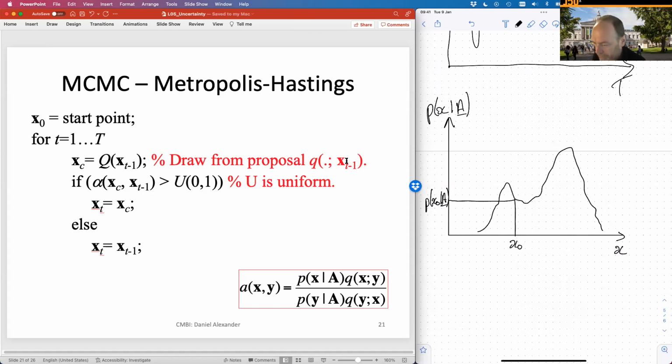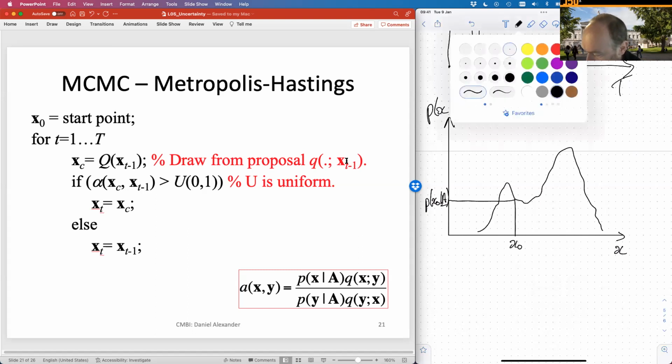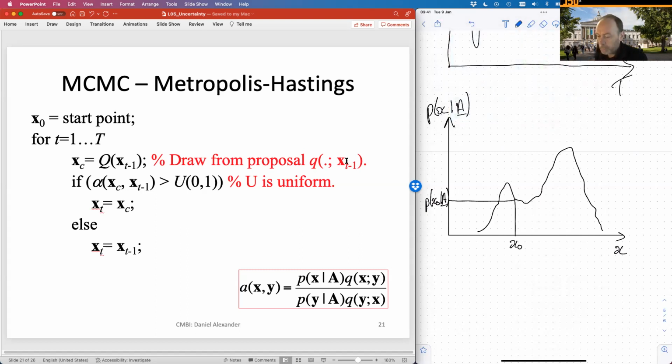But one common way of doing it is to make a small perturbation of the current position. So we might, for example, choose the next candidate position from a small Gaussian distribution centered on the current position. Let's suppose for the moment that we're going to do that. There are other choices; it doesn't necessarily have to be centered on the current position.